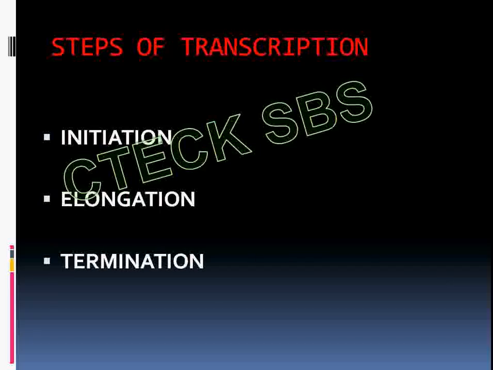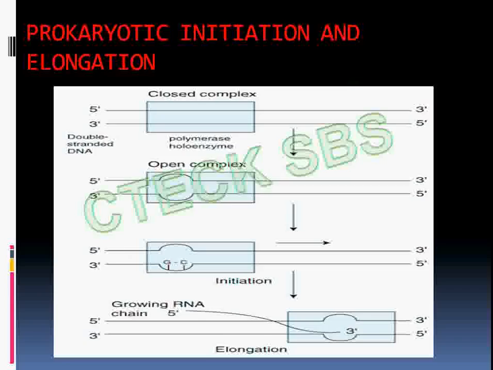Now we'll move to the steps of transcription. The basic three steps of transcription are initiation, elongation and termination. This process demonstrates the prokaryotic initiation and elongation, which involves the formation of a closed complex, which converts into an open complex, and the cycle continues.